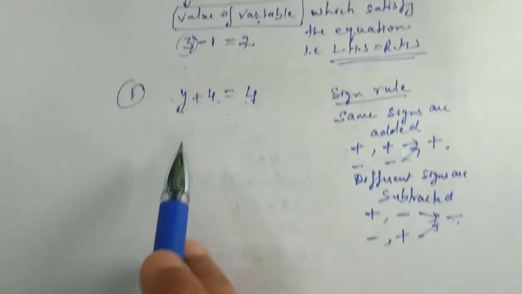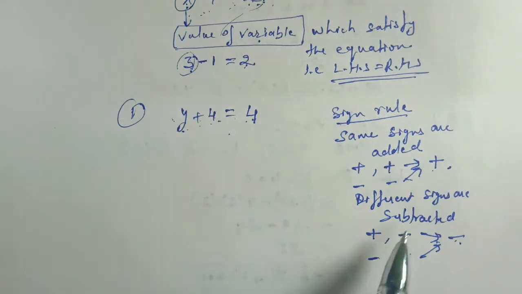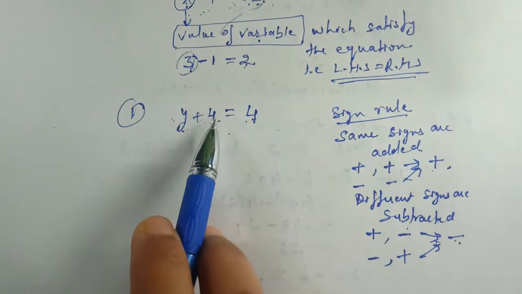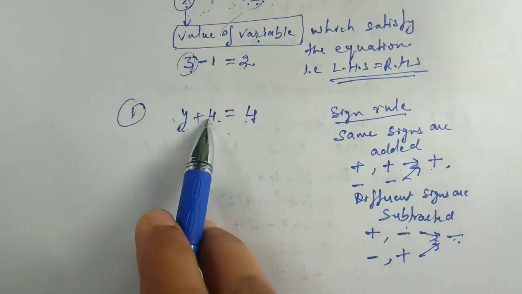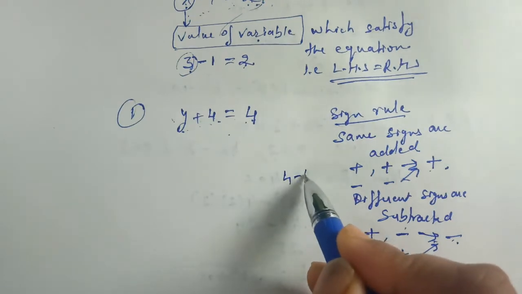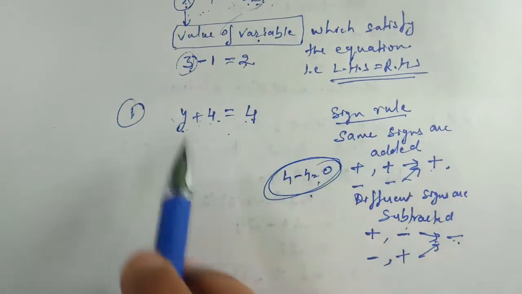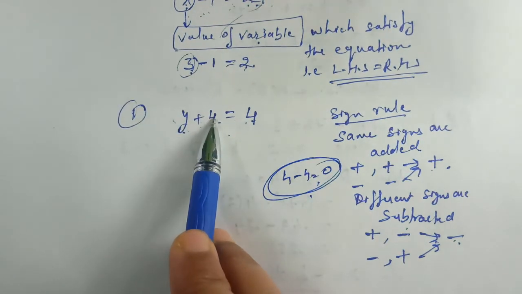So what we have to do, we have to remove 4. To remove 4 means we have to subtract it. We have to put such a number, subtracting which it will become 0. If we subtract 4 from 4, it will become 0. So here we have plus 4.